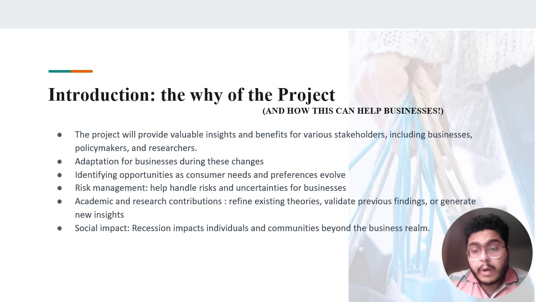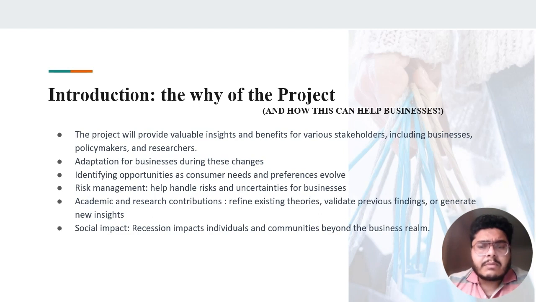So here is the why of the project and how this can help businesses. The research will help various stakeholders, including businesses, policymakers, and researchers. This will also help businesses adapt to these kinds of changes and identify opportunities as consumer needs and preferences evolve.